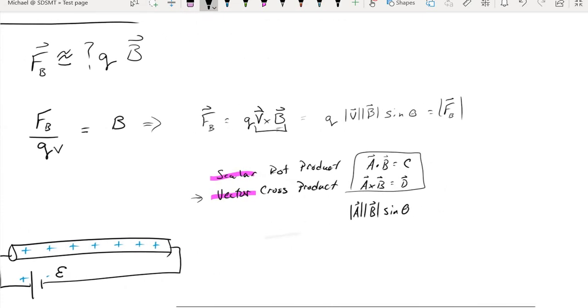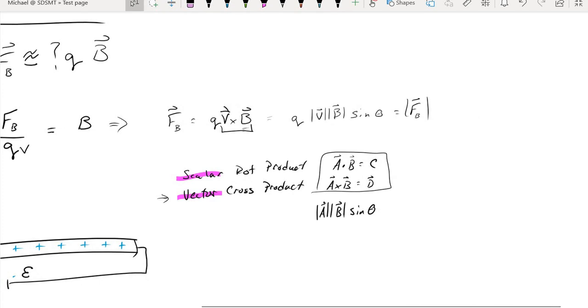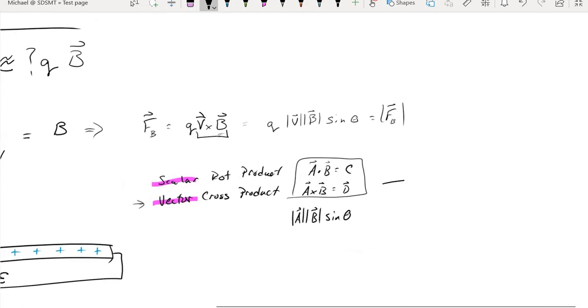But there's another consequence of taking a cross product, and that is that the resulting vector of your cross product has to point in a direction that is perpendicular to the original vectors that were used in the product.